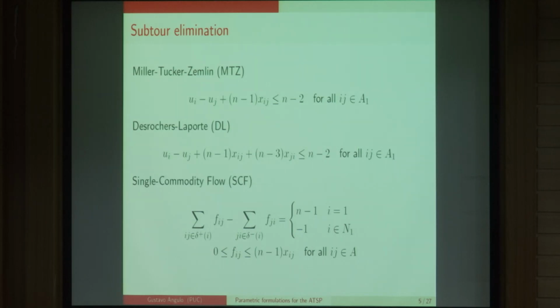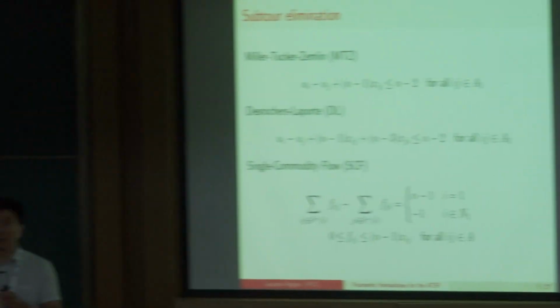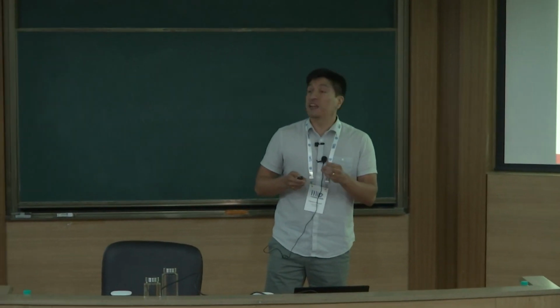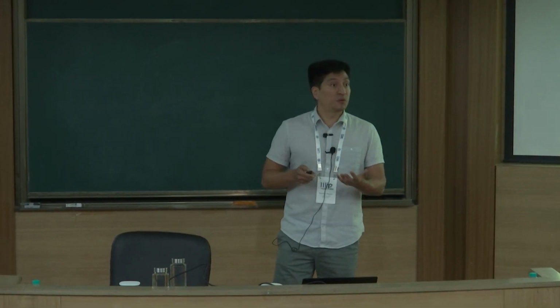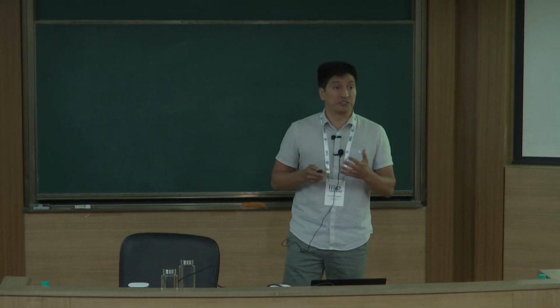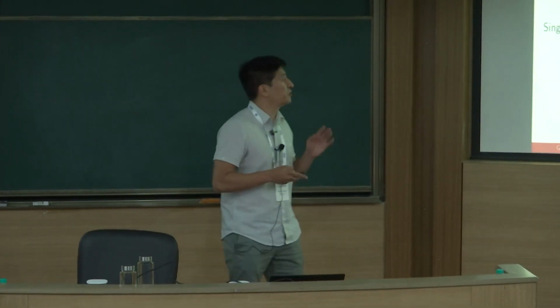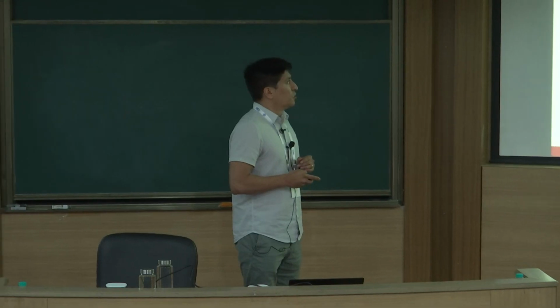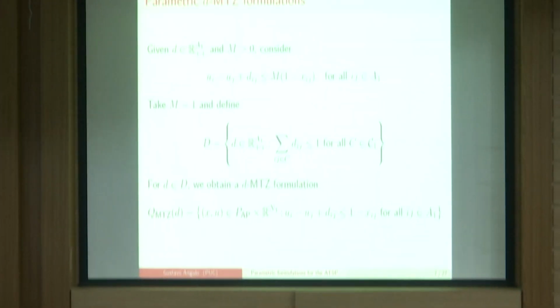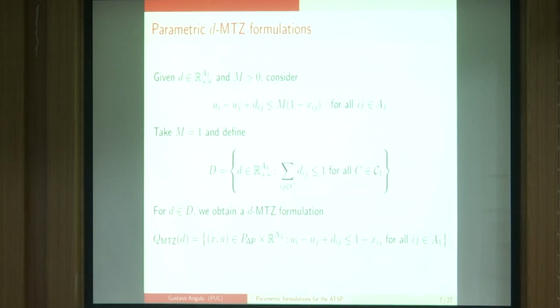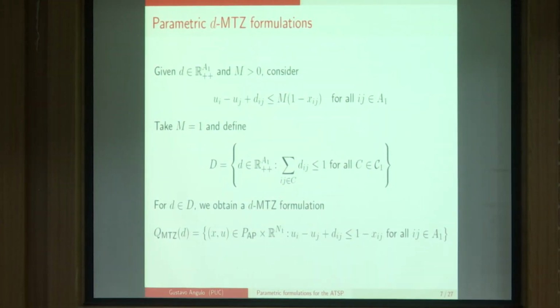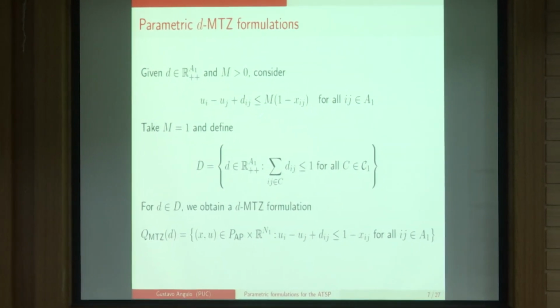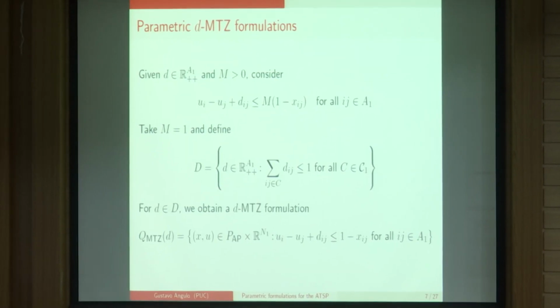But there's no reason to say that the difference between the labels has to be exactly 1. It can be any positive number that will give us a valid formulation for the TSP, right? Any positive number. Good. So in that sense, instead of having a 1, we could have any positive number here for any ij, and consider M as a big constant.